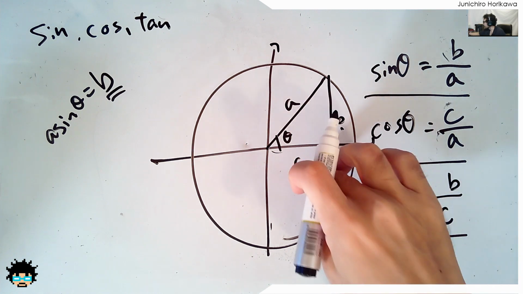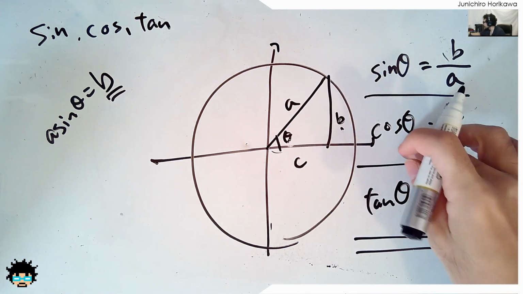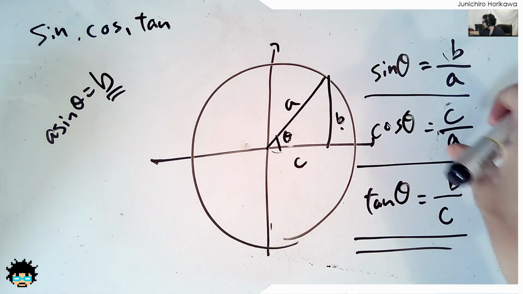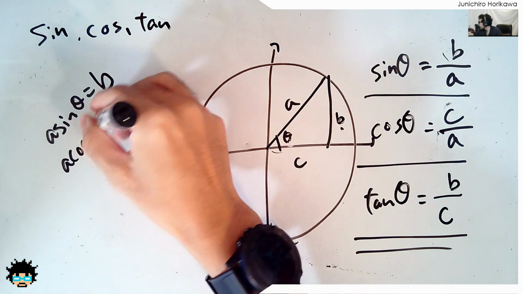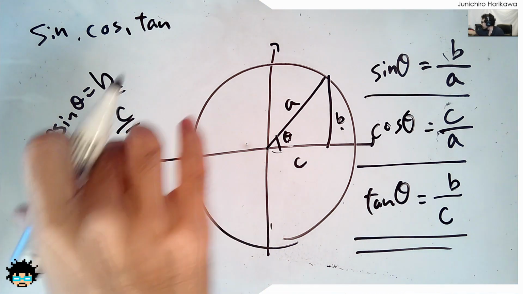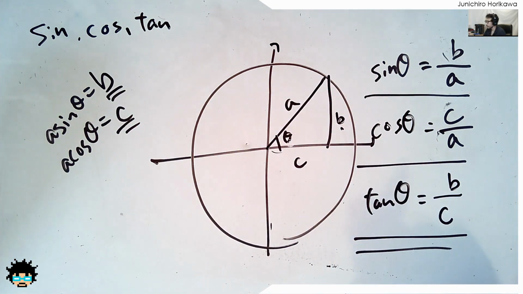If you want to know the value for c using a and theta, then you can use the cosine function. So in this case, you can bring a to the left side and say a cosine theta is equal to c. So by having a and theta, you can also estimate what c is as well.